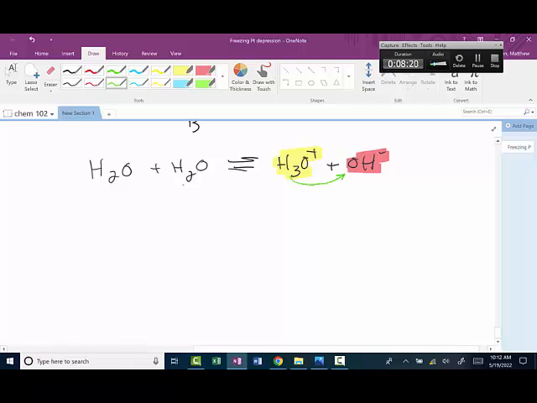So I can write any one of these, H2O going to H3O plus. This is the acid, this is the base, and then OH minus going to H2O. This is the base, this is the acid. And those are conjugate acid-base pairs.